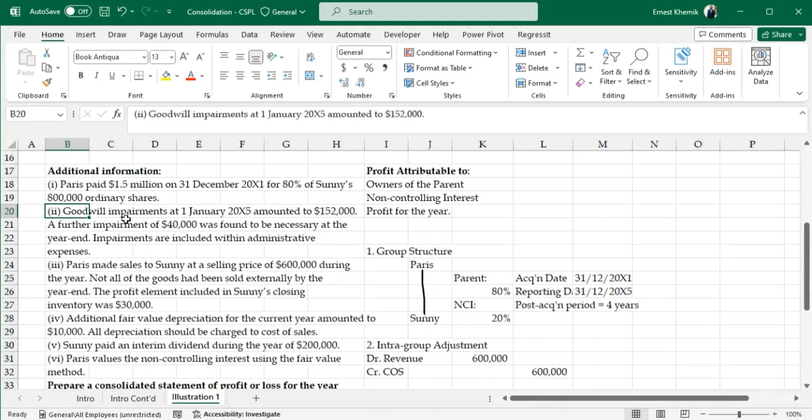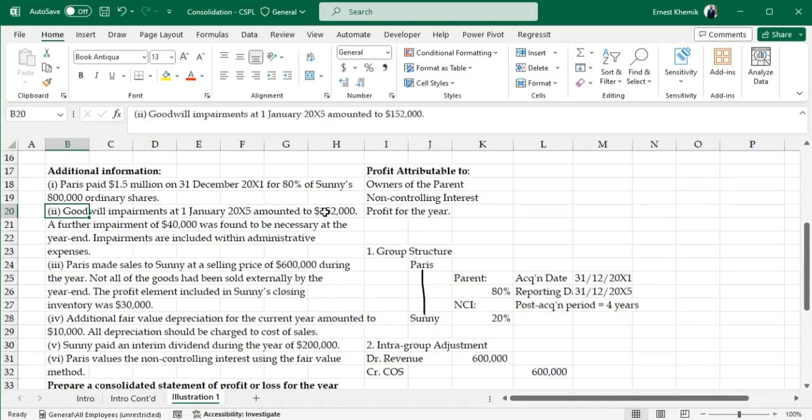Now assuming they have told us that we are to calculate goodwill in this particular question, that is when we are going to use this particular goodwill impairment amount, because when it comes to goodwill calculation, after getting the goodwill at acquisition, we will deduct the impairment of goodwill that has been accumulated since acquisition.